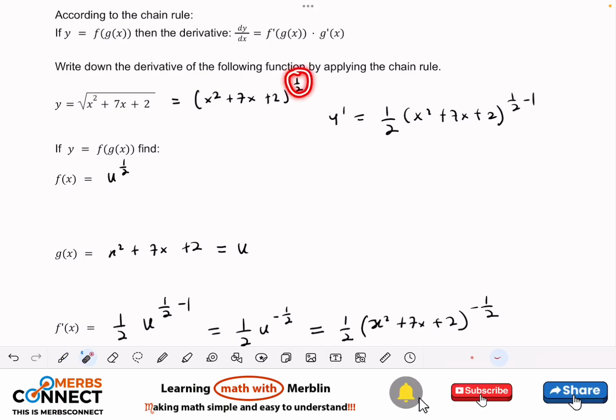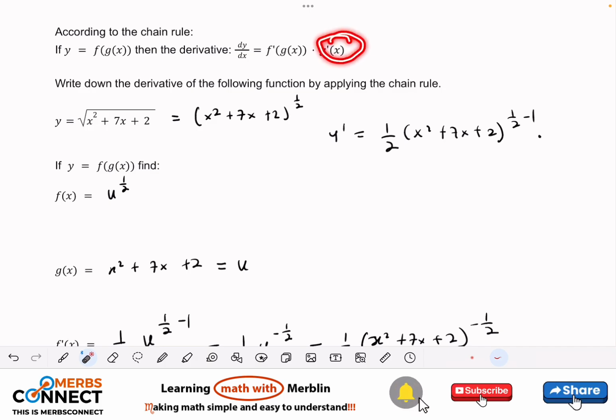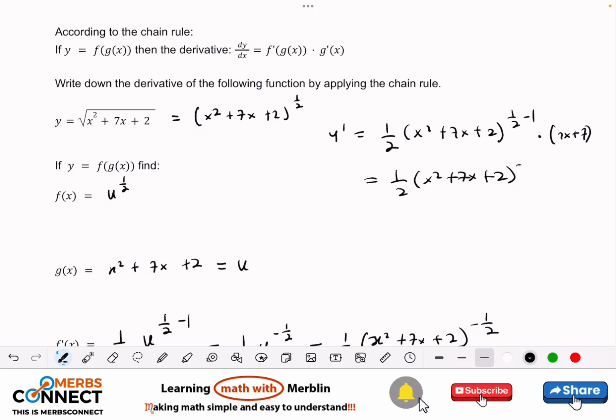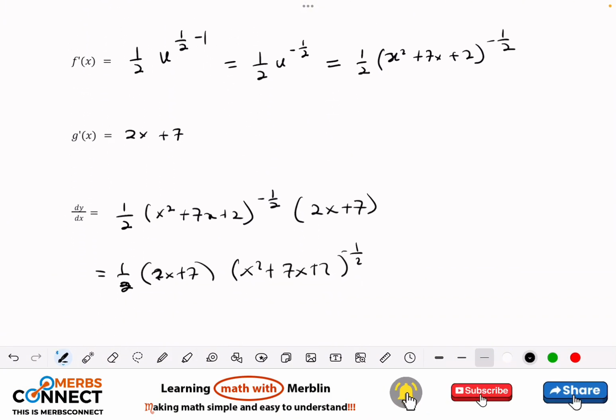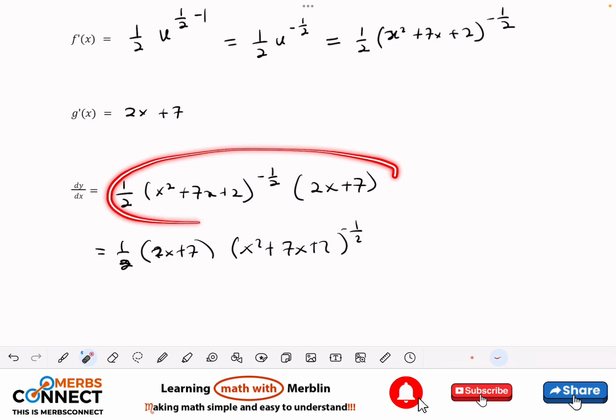Drop down the half, maintain the whole function but subtract 1, times g prime. g is the one in the parentheses, so times. Now we differentiate what is inside the parentheses, and we are going to have 2x plus 7. So when I simplify this, I'll have 1/2 (x squared plus 7x plus 12) to the power negative 1/2, times (2x plus 7). And we can see that it's the same as what we have here.